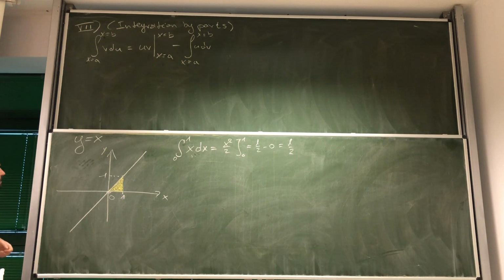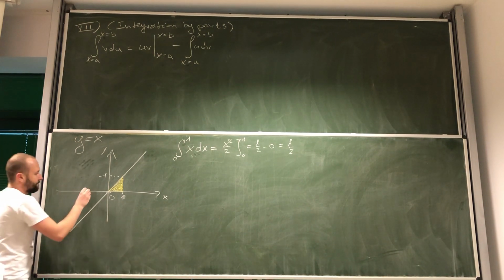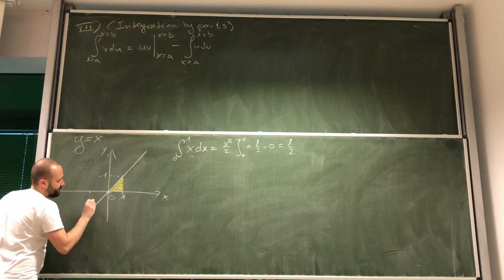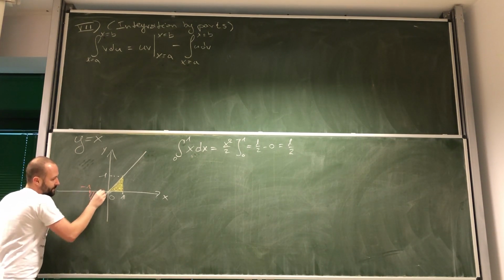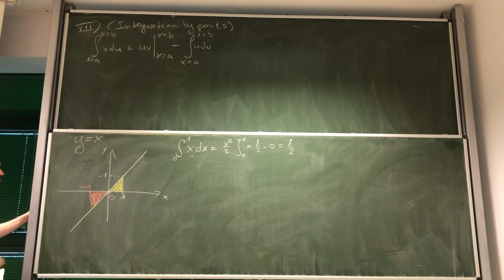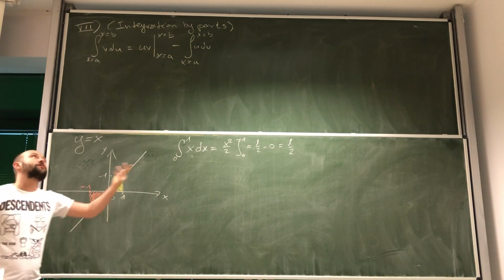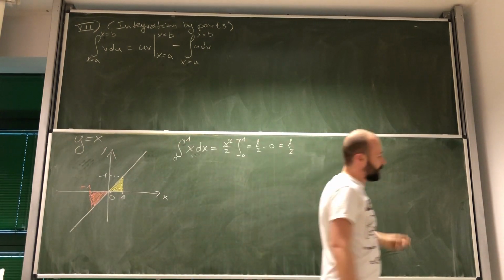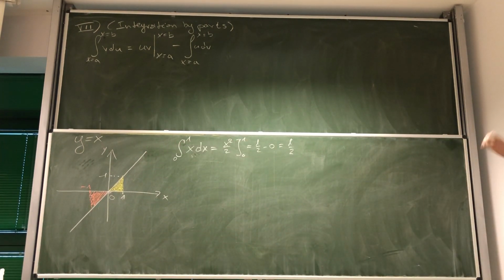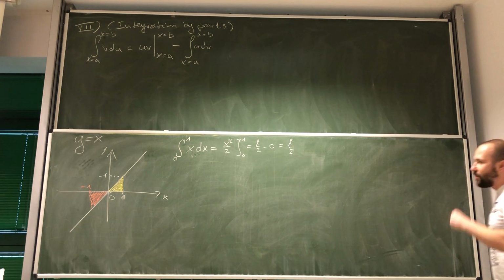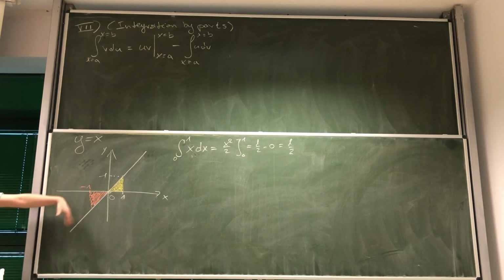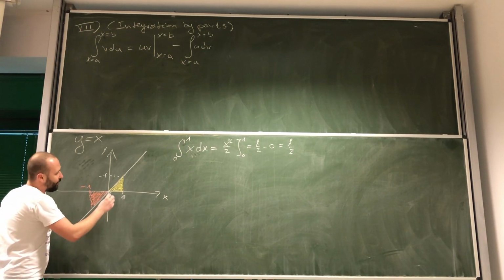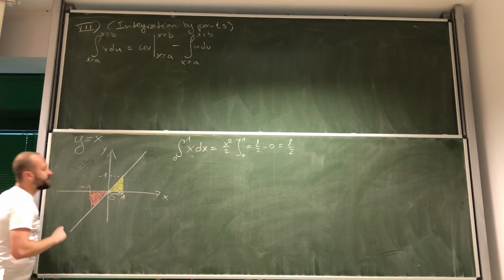And what if I wanted to know the size of the area between -1 and 0? Of course, you might say, well, it should be 1 over 2 as well. It's not very complicated. But if we're going to write it down properly, there's one thing we should do. Here we see that this area is below the x-axis, so everything here is negative. Before, our dx's were positive, we were moving in this direction.